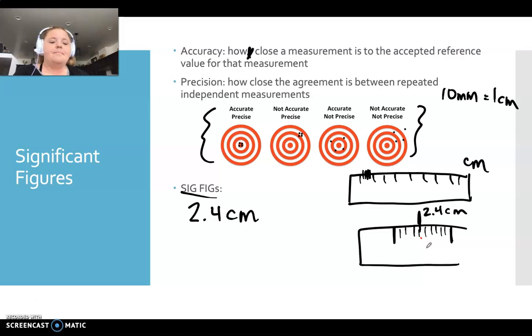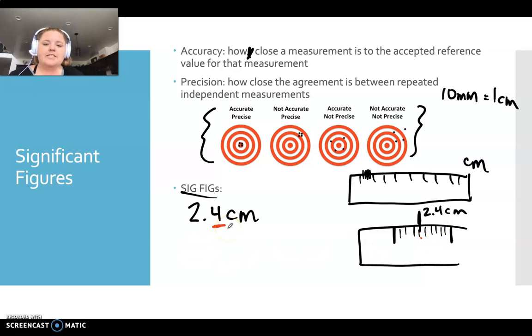But since I'm using this specific ruler, I can only go to this number of significant figures. So that's my little explanation of significant figures. Again, I think that other video will be a little more helpful.